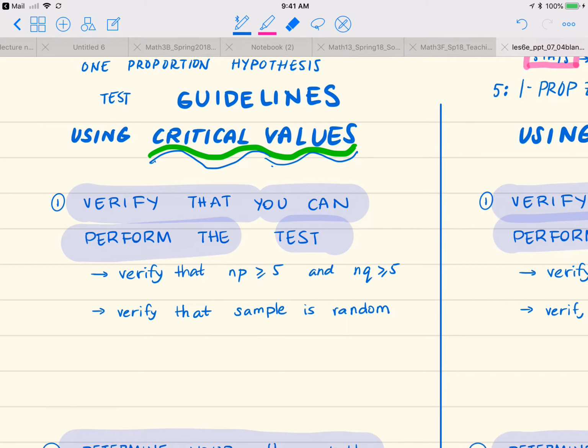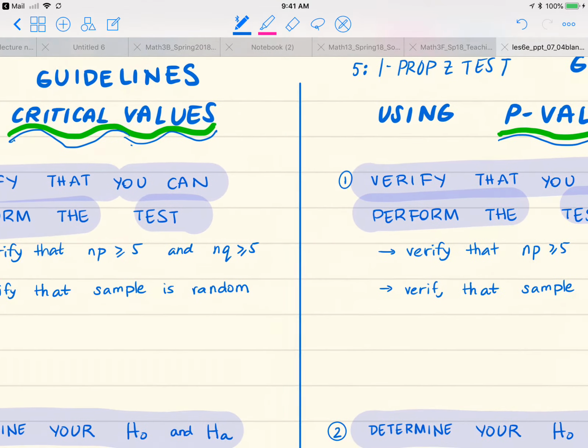The conditions that work are n times p is greater than or equal to 5 and n times q is greater than or equal to 5. If both are, then it's reasonable to approximate the binomial distribution with the normal distribution. And as always, we need to verify that our sample is random. That's true regardless of which method you're using.